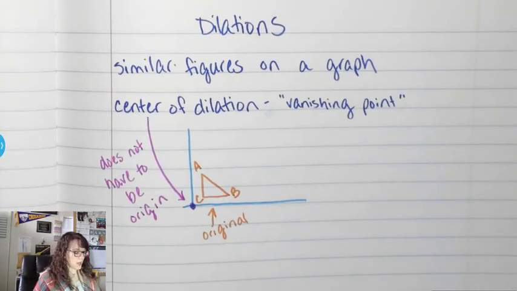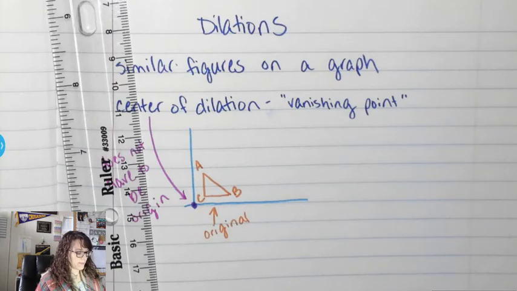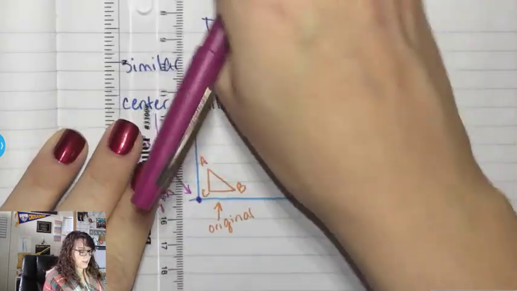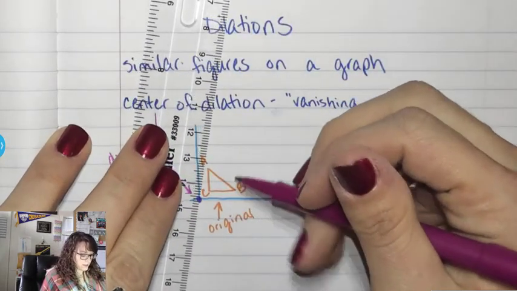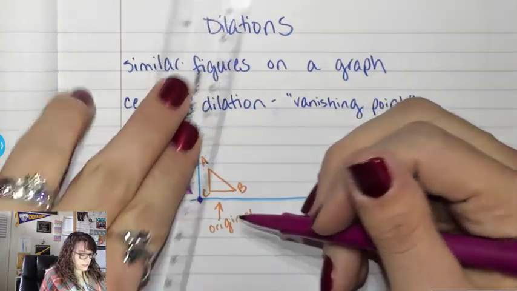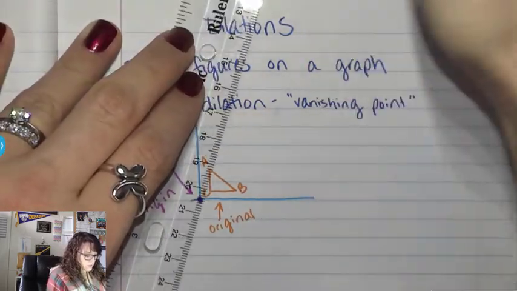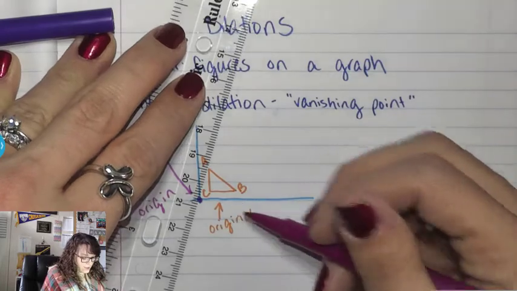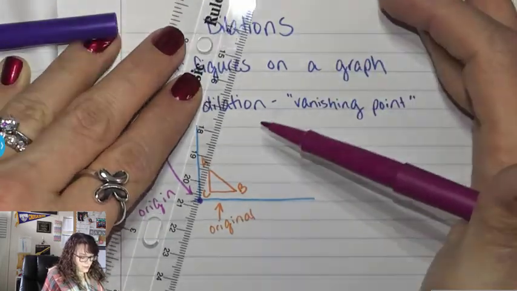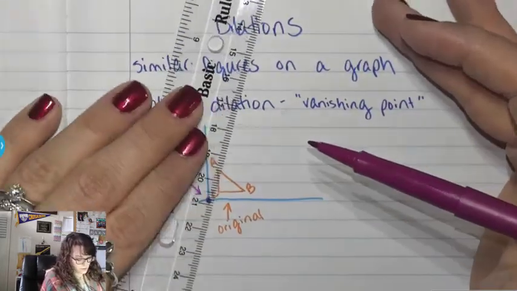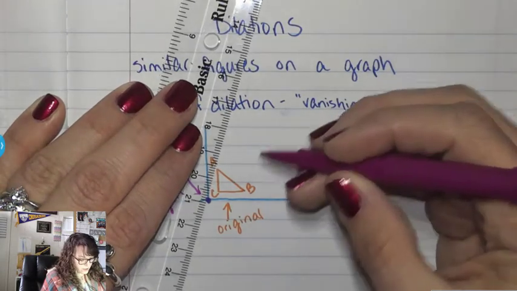Everything comes and goes off of this dot. Second period got mad at me because I used a ruler, but I keep my notes forever and I don't want it to look bad. So I go through 0, 0, and I go through dot A. It's going to look kind of like this.